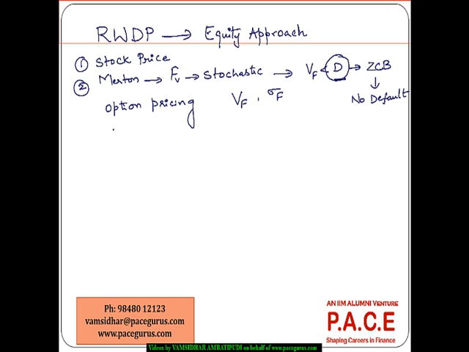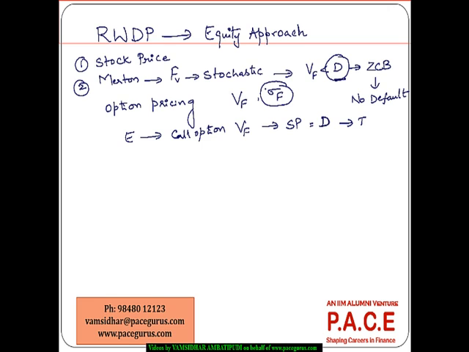And we can directly use the option pricing because there the equity is considered as a call option on the value of the assets of the firm, with a strike price being equal to the debt, that is a single zero coupon debt that has been issued for a time period T. And there we are talking about the volatility associated with the firm's assets.